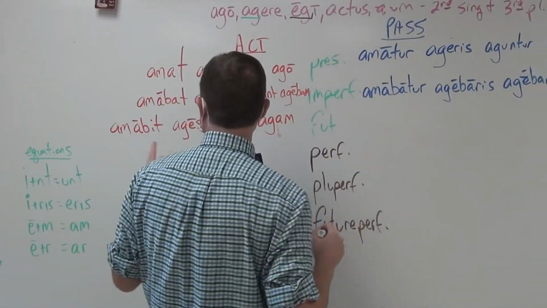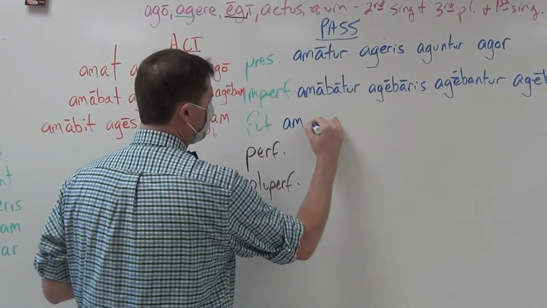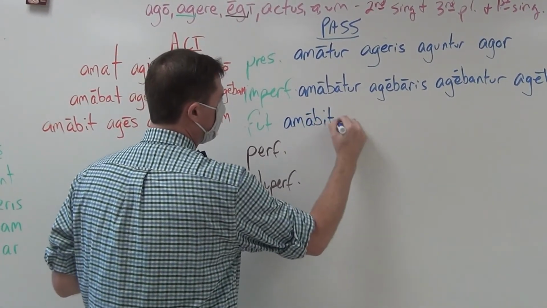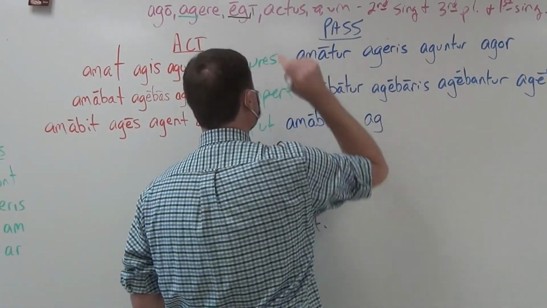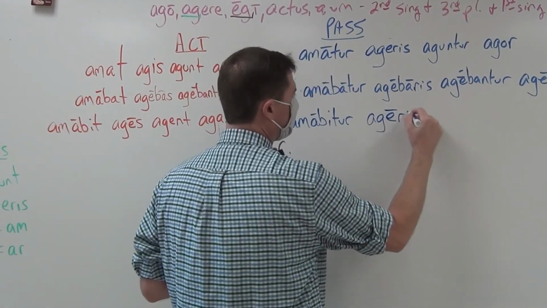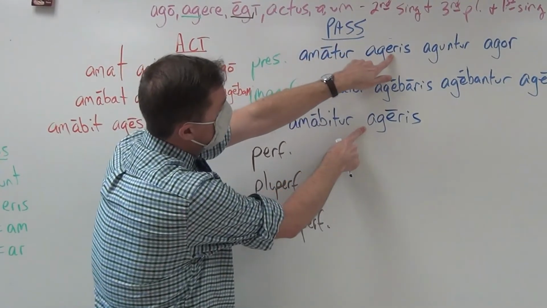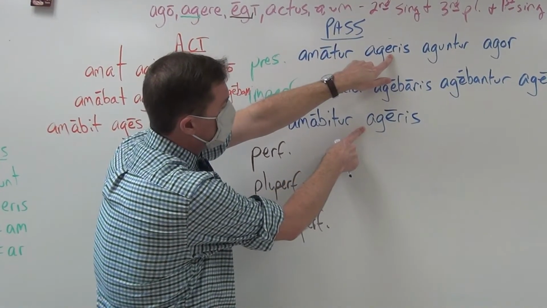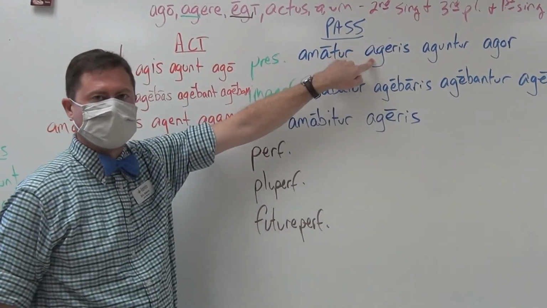Do the same thing, but now instead of T, we'll have tur. Present stem, because it's first conjugation, a, bi, and then tur. Over here, present stem, third conjugation, future will be a long E, and then ris. Note the difference here. That is not an E. That is a short I. That is a long E. Present, you are driven right now.